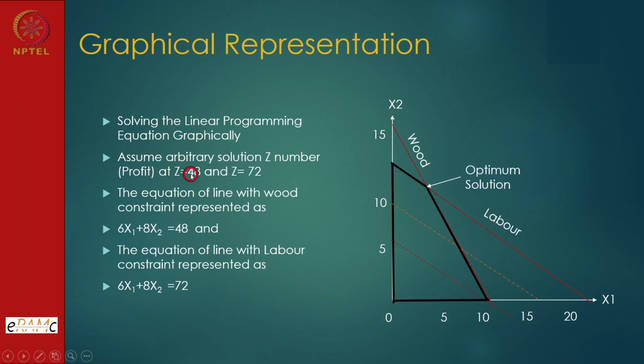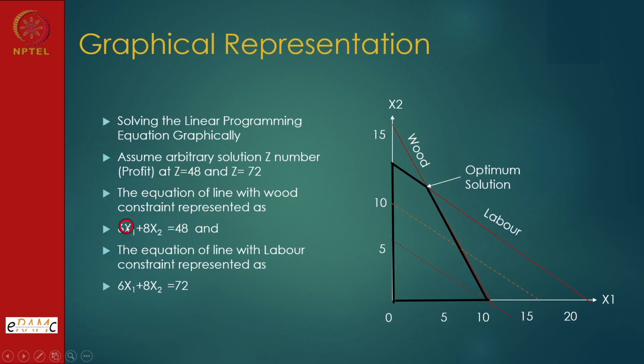Now, for z equal to 48 and z equal to 72, we have drawn these two lines. If we consider this as the profit line, it has to stay within the feasible region, because for optimization we have to go up and up.